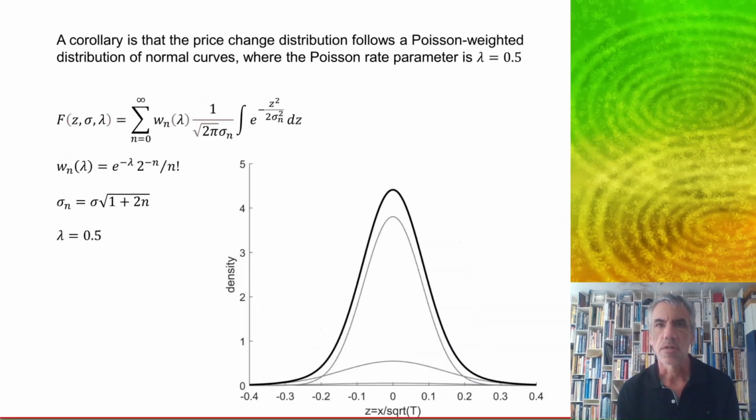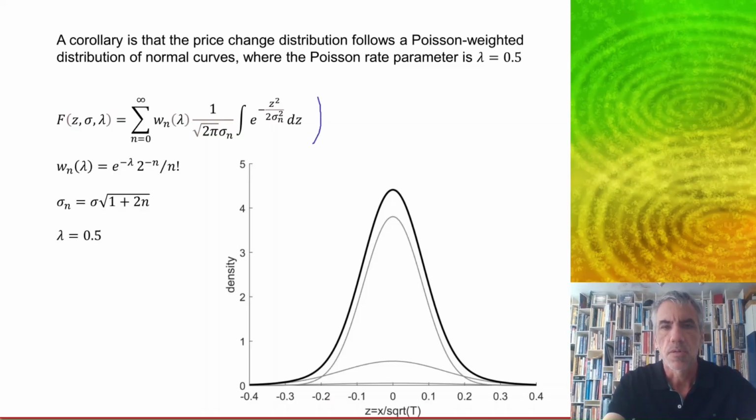A corollary of Q-variance is that the price change distribution will follow a Poisson-weighted sum of normal curves, where the Poisson rate parameter is lambda equals 0.5. So this is what the formula looks like.